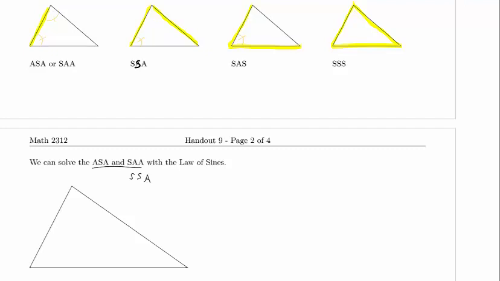Now, with something called the law of sines. What is the law of sines? Law of sines is simply if you have sine of alpha divided by A, that's going to be the same as sine of beta divided by B, which is the same as sine of gamma divided by C. I think the book doesn't use the Greek letters.